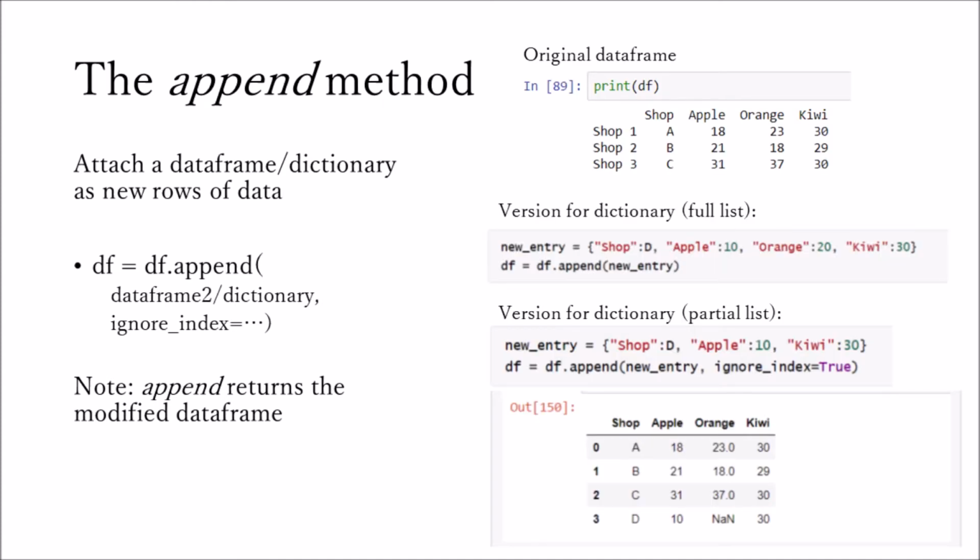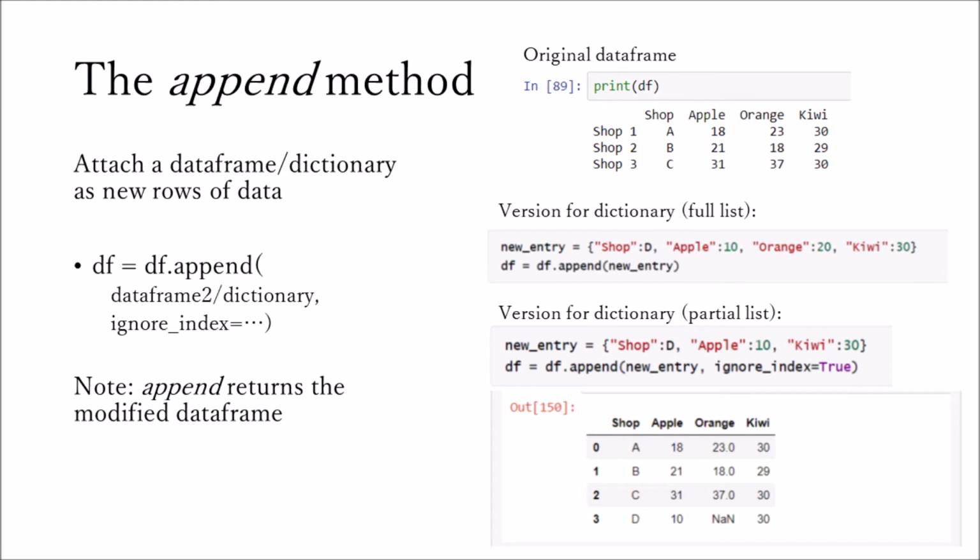Let us look at this example. We will consider the same data frame so that we know what it originally looks like. If you have data available for all columns, then you can pass the full list as if you are making a new data frame. If you have forgotten how to make a new data frame, please refer to Chapter 2 of this tutorial series for a quick brush up.